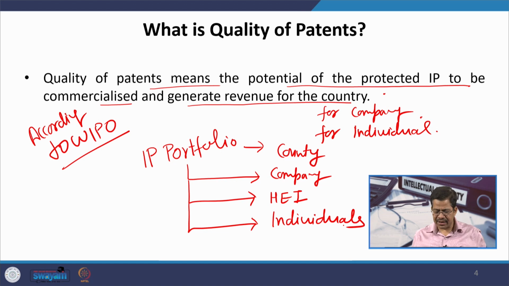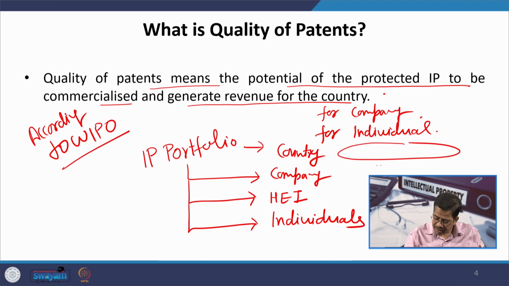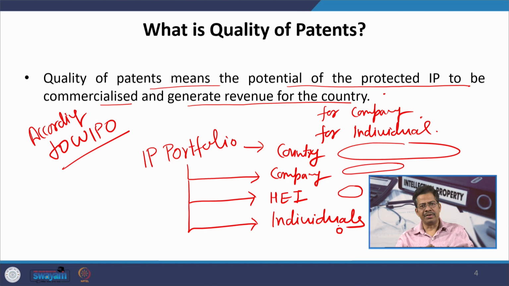And you can easily understand that the IP portfolio owned by a country must be much bigger than that of a company, then an educational institute, and then individuals. So, the size of an IP portfolio will vary as per the entity which is holding it. But for the meaning of quality, you can just replace this country with company, individual, etc.